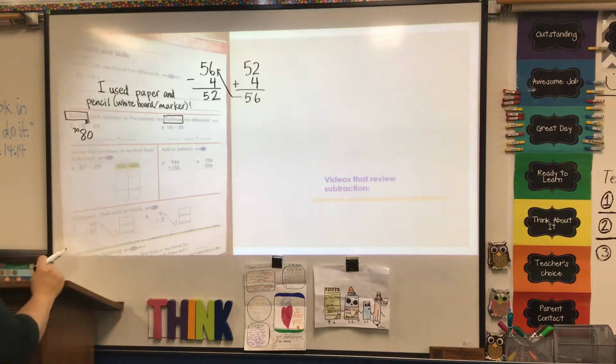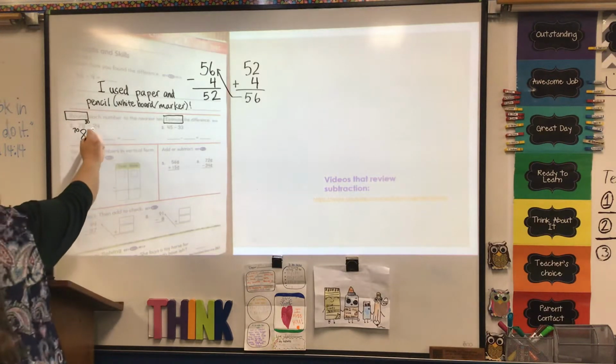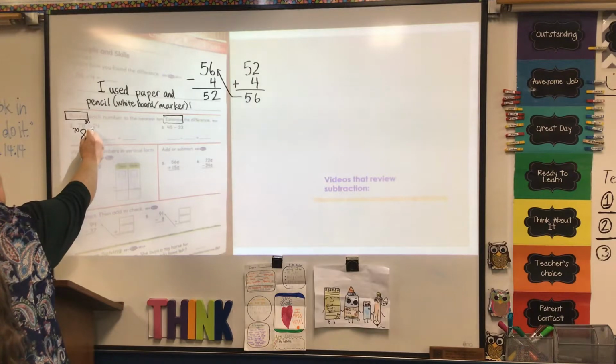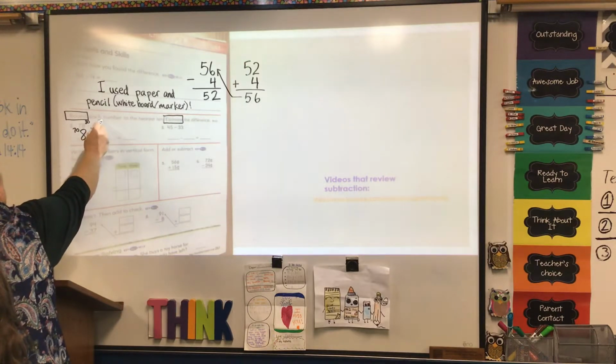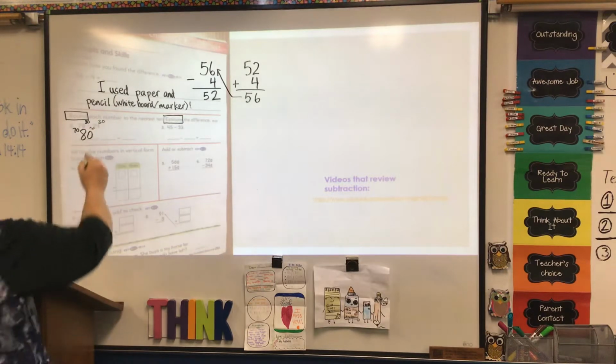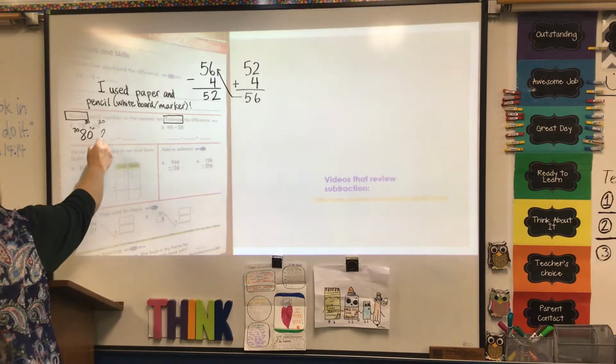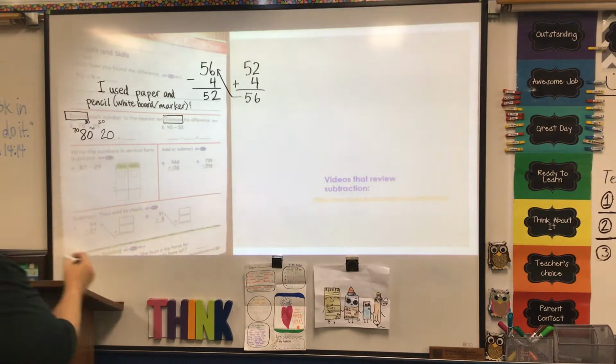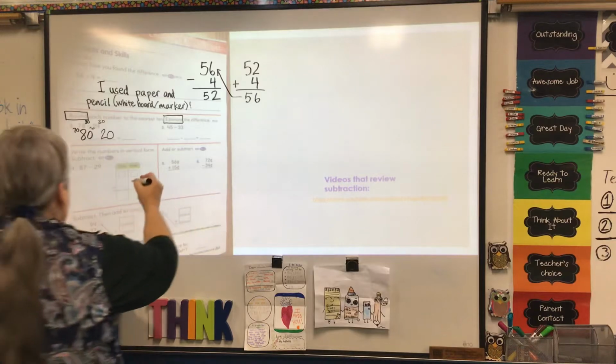And then I need to do the same thing for 24. 24 is in between 20 and 30. And it's much closer to the 20, so I'm going to round that to 20. So 80 take away 20 is 60.